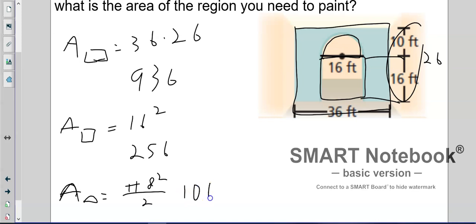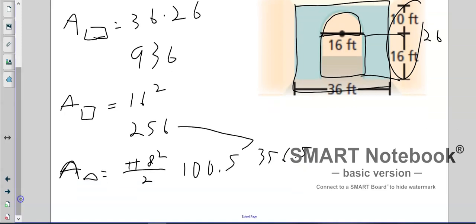So that's 100.48, about 100.5. All right. So if we combine these two, 100.5 plus 256, this is the part we are subtracting, 356.5. So 936 minus 356.5 gives us a grand total of 579.5.